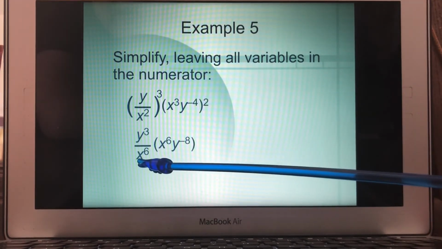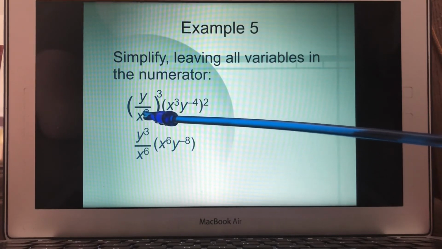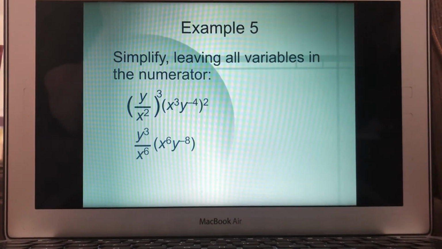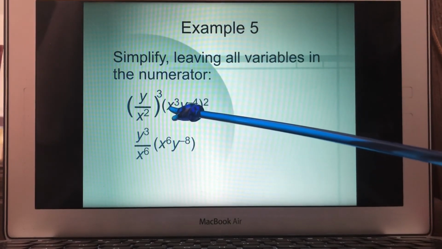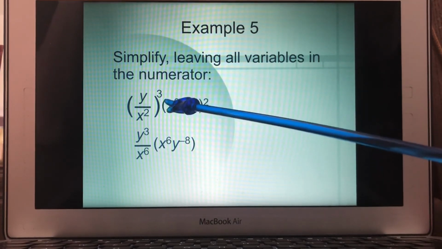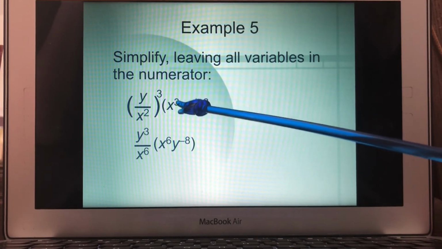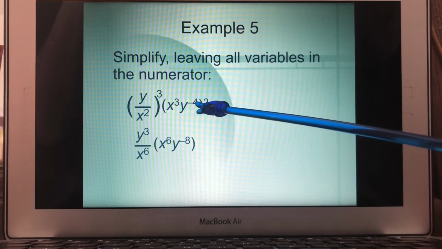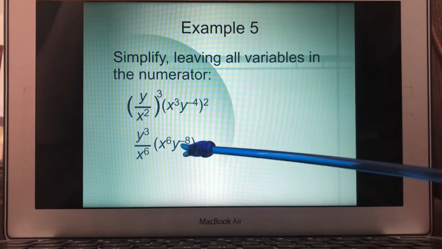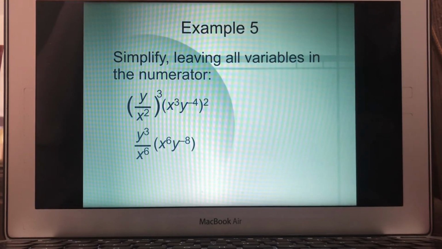So that's going to be x to the sixth power. Remember, x squared raised to the third power, I multiply those two exponents. And then here, same thing. I'm going to distribute the power through each of these terms. X cubed squared, that becomes x to the sixth. Y to the negative fourth power squared becomes y to the negative 8th power.